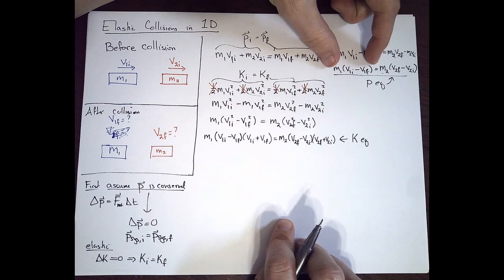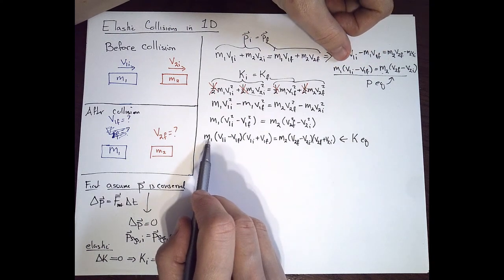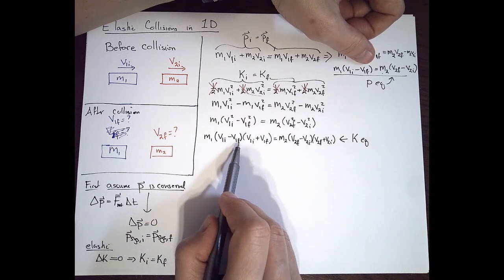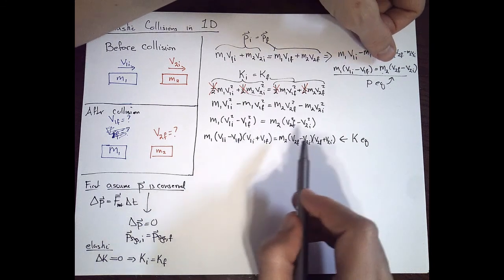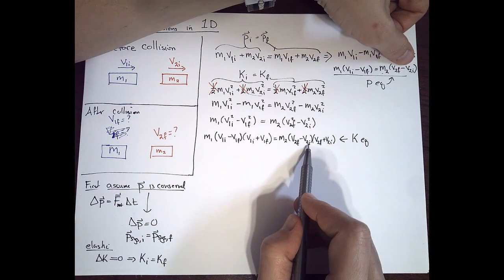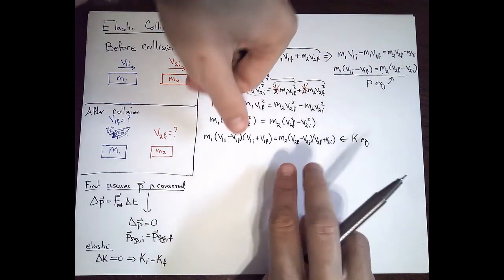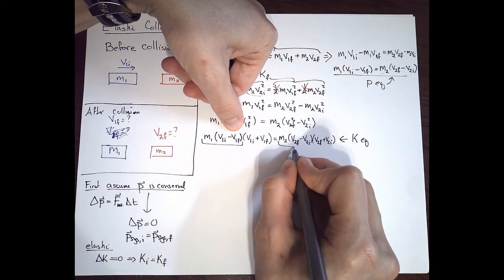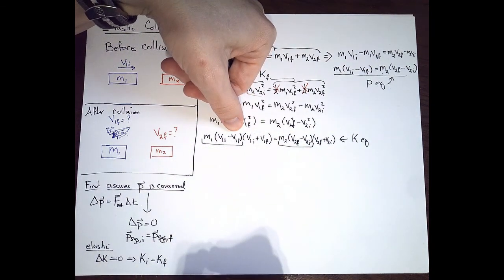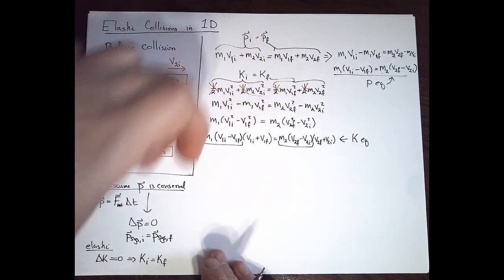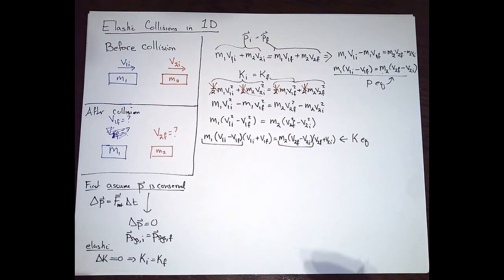And if you take a look, we've got m1 times v1 initial minus v1 final right here, and m2 times v2 final minus v2 initial. So right there is our momentum equation within our kinetic energy equation, because we were factoring these two perfect squares. So now I'm going to do something really very odd.